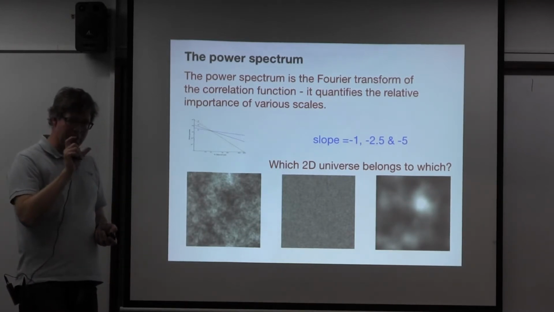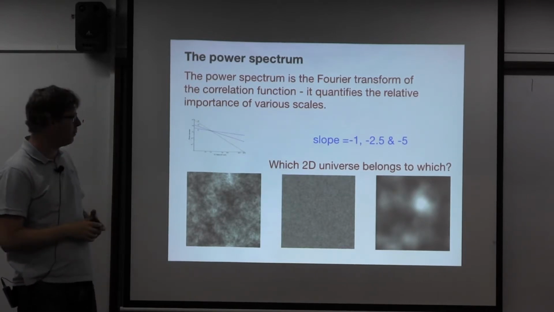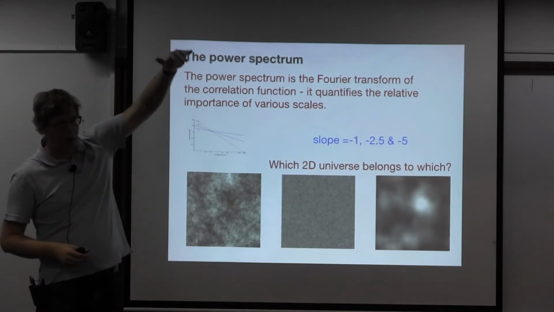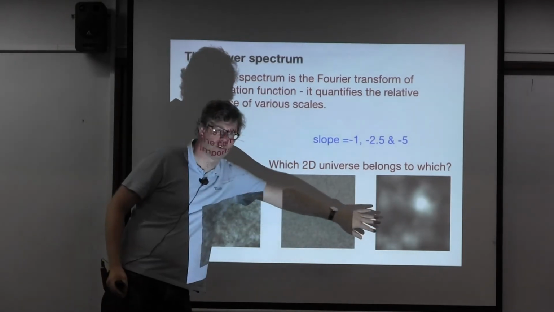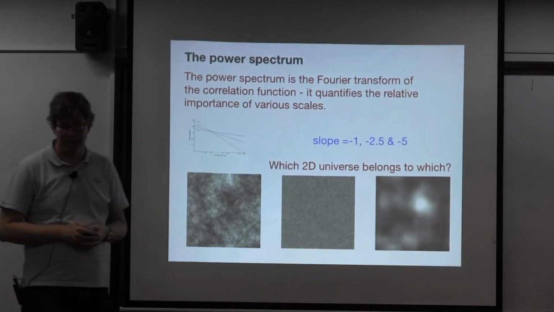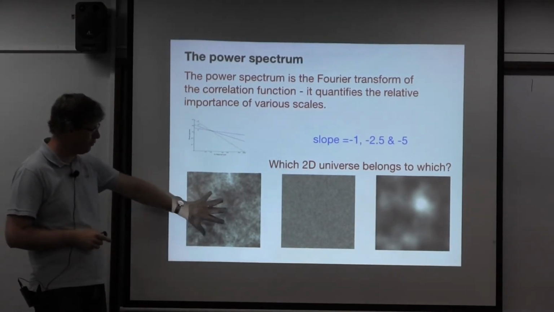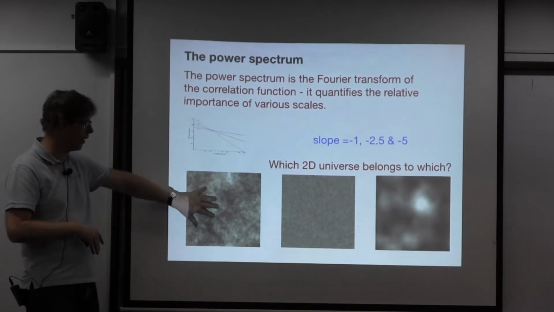But that's the important thing about the power spectrum. It tells you what kind of structure there is. So if your power spectrum goes up or goes down, it can tell you, do you have this kind of structure in the universe? Do you have this kind of structure? Do you have a mixture? Etc.